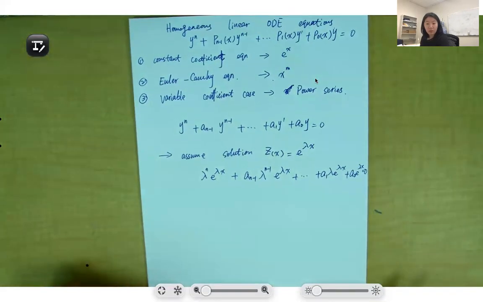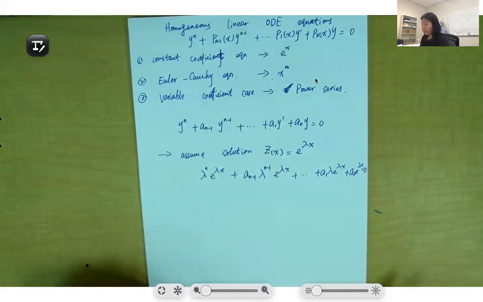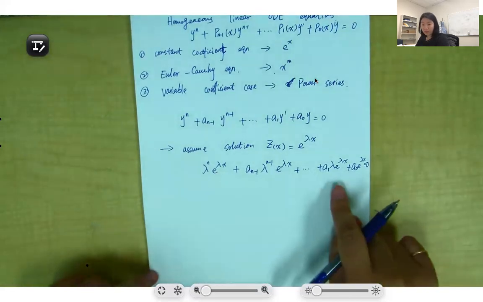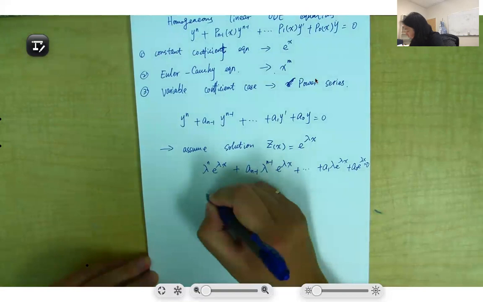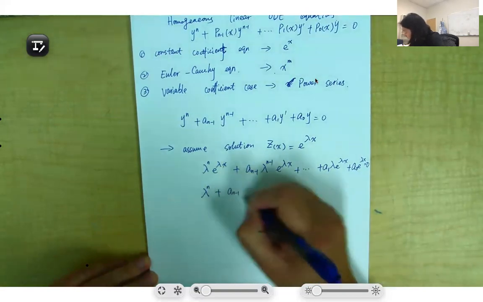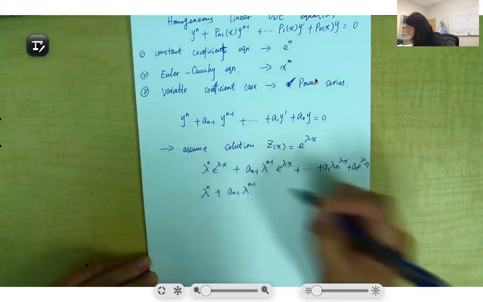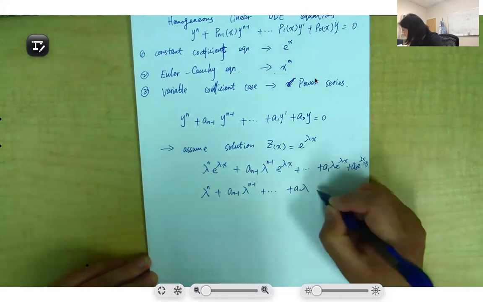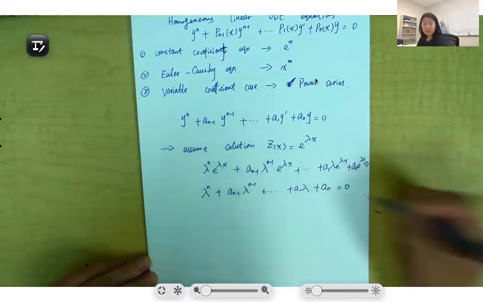And you know e to the lambda x is a non-zero positive number, so you can just cancel out all the e to the lambda x in this equation. Then you get lambda^n plus a_{n-1} lambda^(n-1) plus dot dot dot plus a1 lambda plus a0 equals 0.